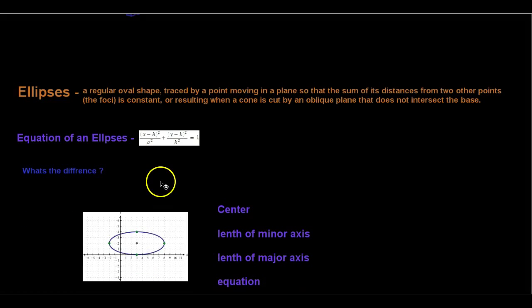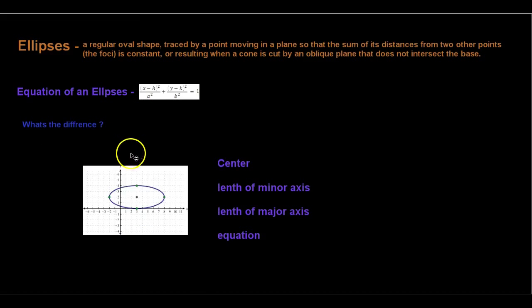And the equation of an ellipse is a lot like a circle. Here it is right here. I should have blown it up. But it's x minus h squared over a squared plus y minus k squared over b squared equals 1. So what's the difference here? Well, we can tell that this is basically a circle, but it's been stretched.